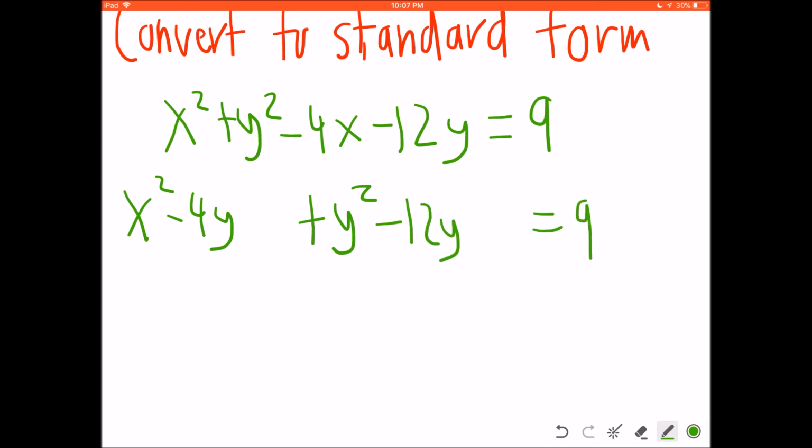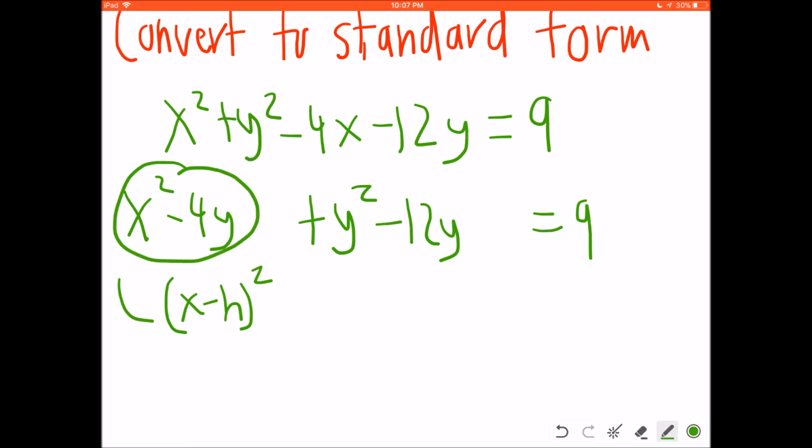I told you guys to leave this space because we're going to do something called completing the square to solve this problem. We want to make this into standard form, like (x minus h) squared. We want to take this equation and turn it into that. And we can use completing the square to get that done.